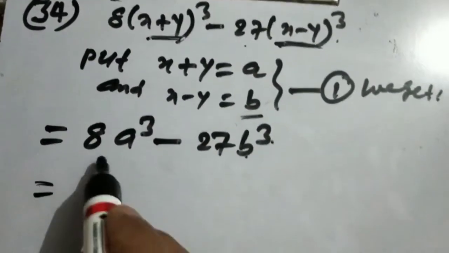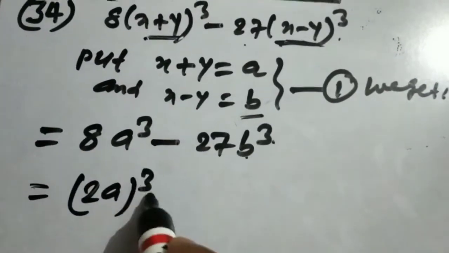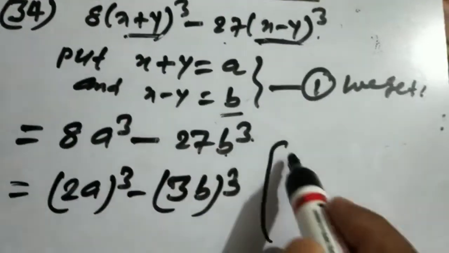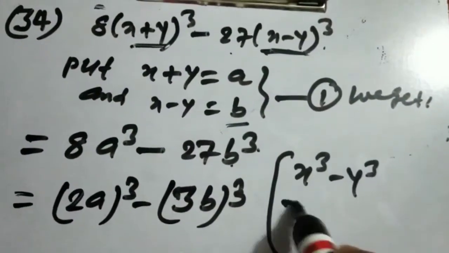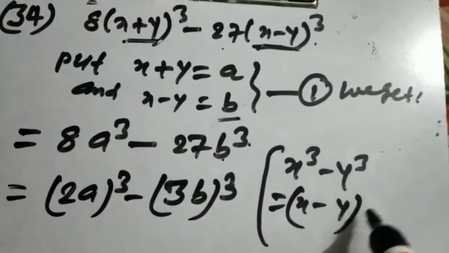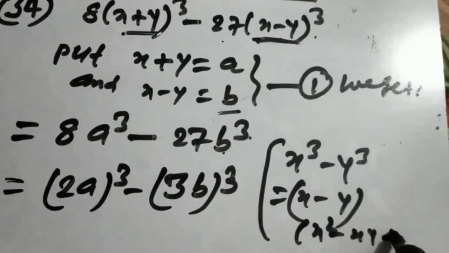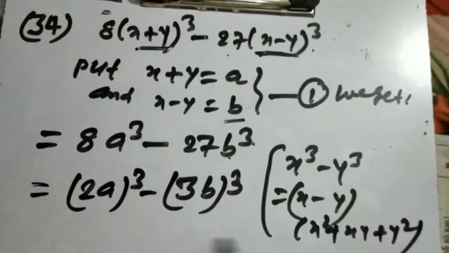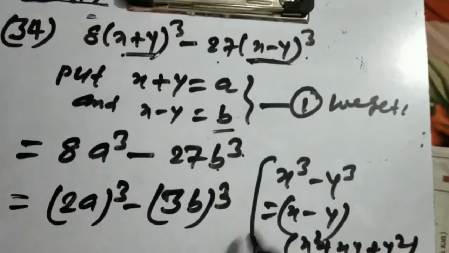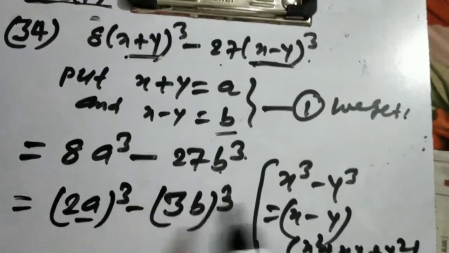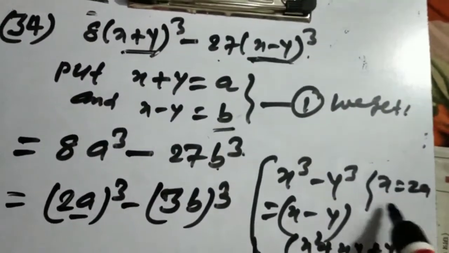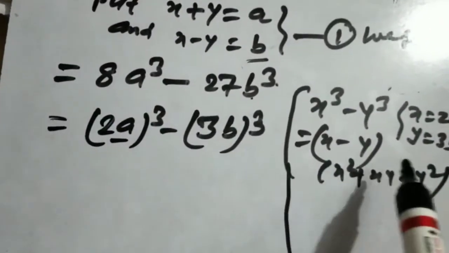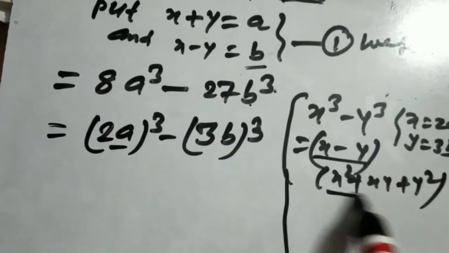Now it can be written as (2a) cubed minus (3b) cubed. Now you know the formula, x cube minus y cube is (x minus y)(x square plus xy plus y square). At the place of x we have 2a, x is equal to 2a, and y is equal to 3b. Then let us put the value of x and y in this expression.